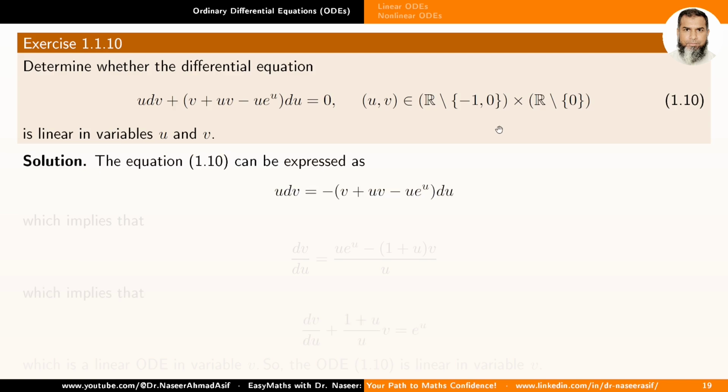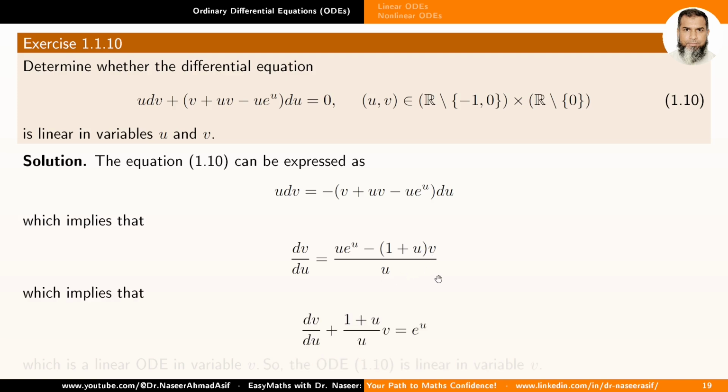What's the solution? The equation 1.10 can be expressed as u dv is equal to minus (v plus uv minus u exponential u) du. This can be expressed as dv by du is equal to (u exponential u minus v plus uv) over u.